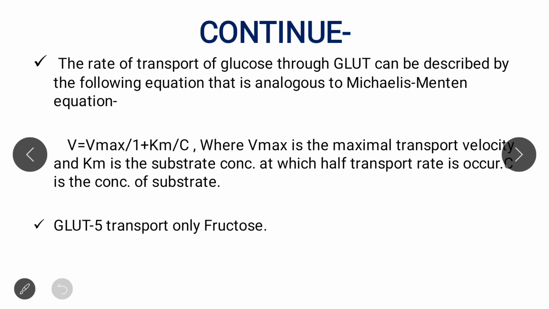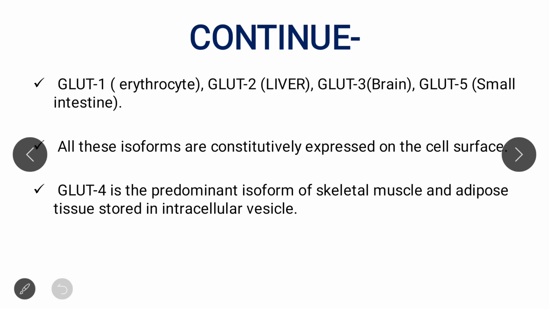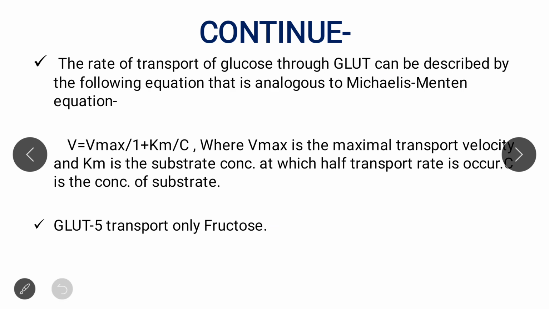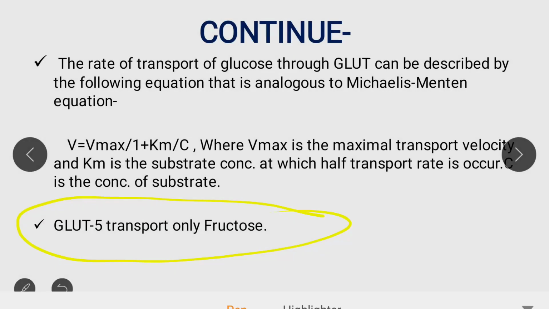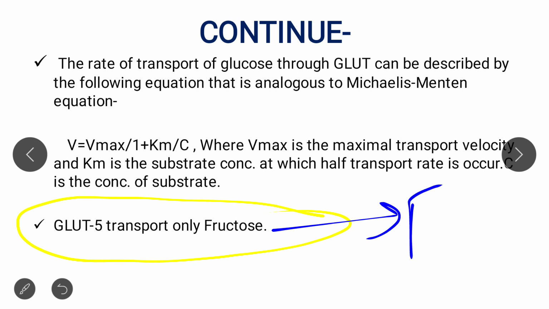Now another important thing, GLUT5 is present on where? Small intestine. And remember this point, GLUT5 is the only GLUT that transports fructose. Till now you learned that GLUT is a glucose transporter protein, so you may ask why it transports fructose.